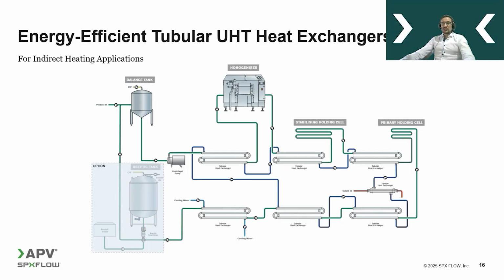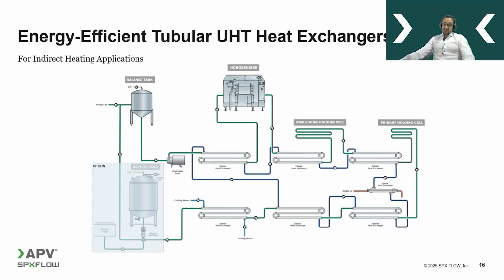That is a critical step in milk processing because obviously there would be fouling, and we prefer that fouling to happen in the protein stabilization cell rather than in our tubular heat exchanger. That would typically be happening between 85 and 95 degrees.